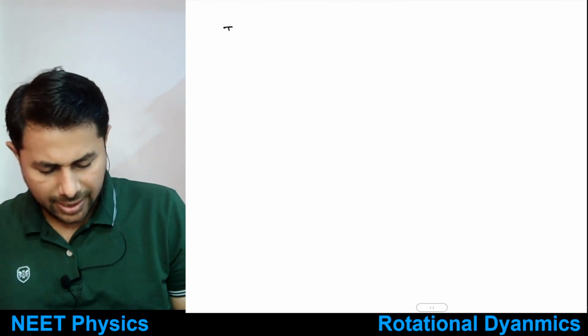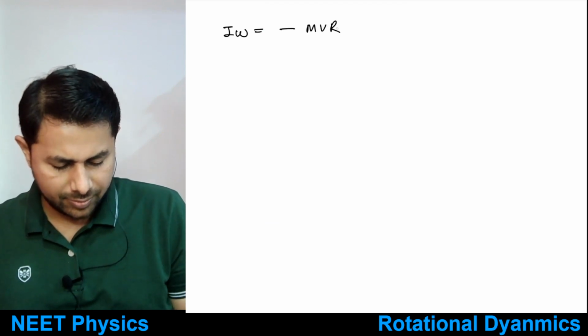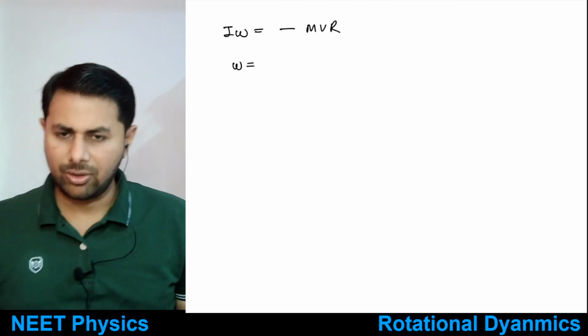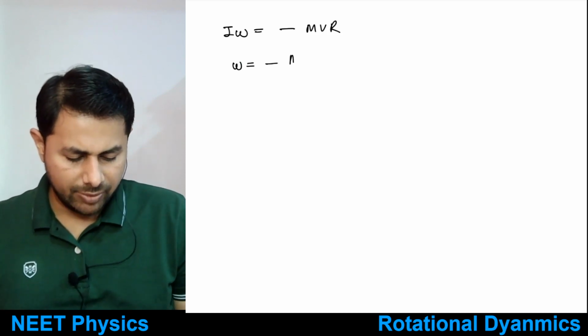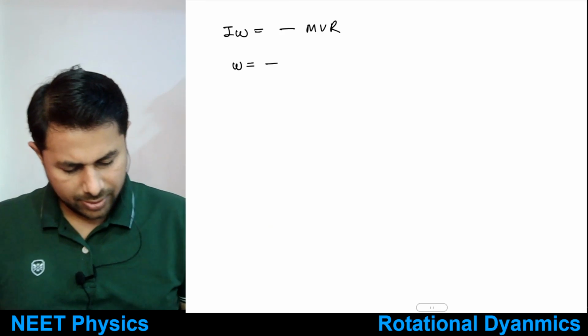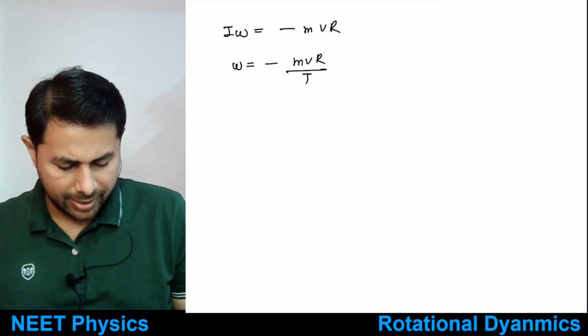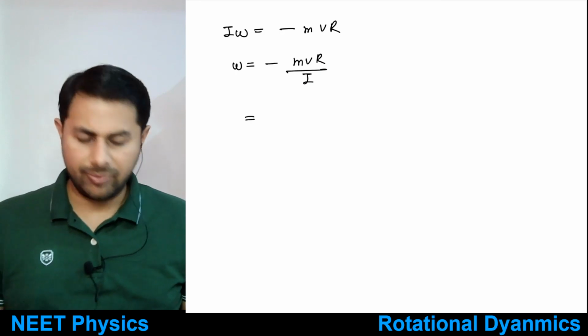Okay, so you get I omega is equal to minus mvr, and therefore omega, the angular velocity of the platform, is equal to minus mvr divided by I. It was small m, no? Then we can put the values.